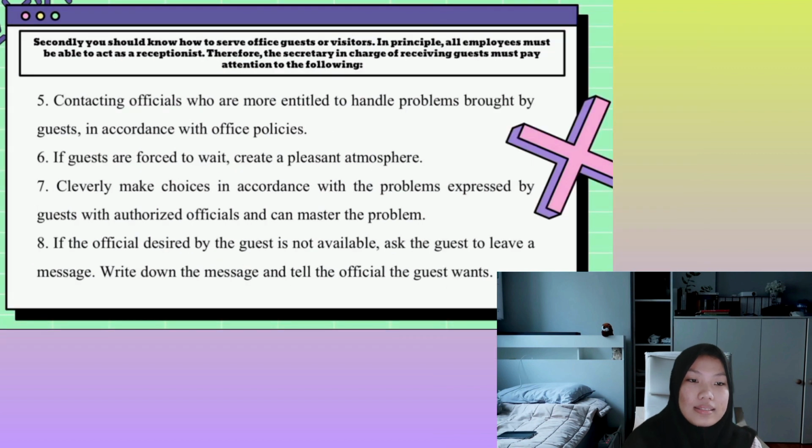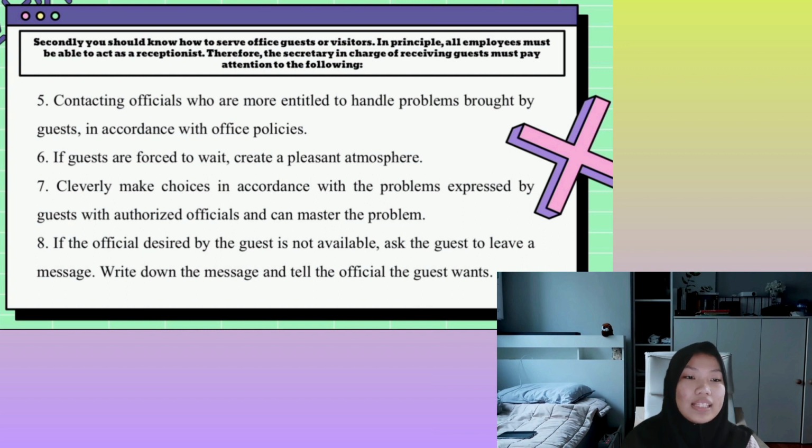Next, contact officials who are more able to handle problems brought by guests in accordance with official policy. Next, if guests are forced to wait, create a pleasant atmosphere, like making them smile, making them happy, or something like that.